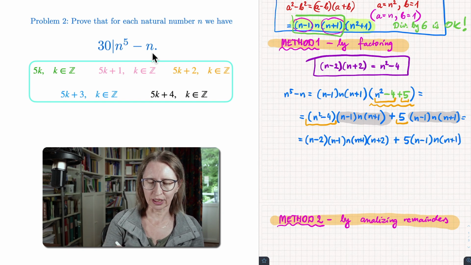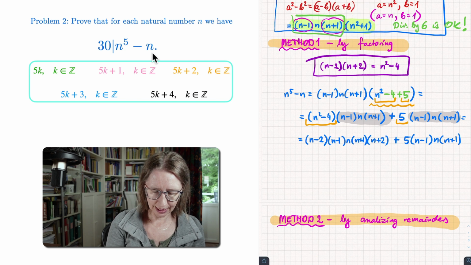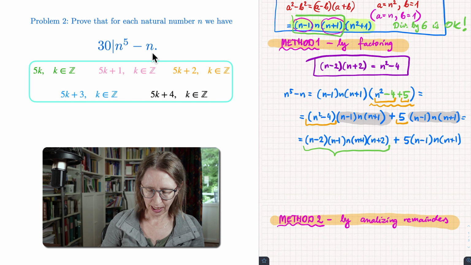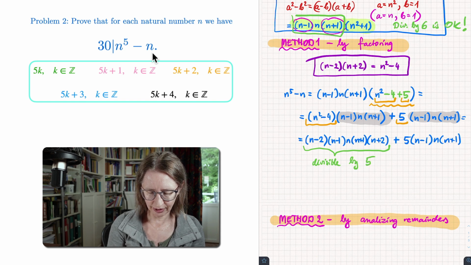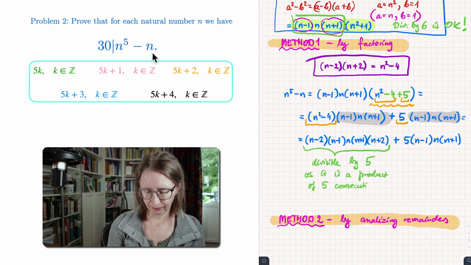And now I'm actually done, because you know what? Here, this part is divisible by 5, as it is a product of 5 consecutive integers.